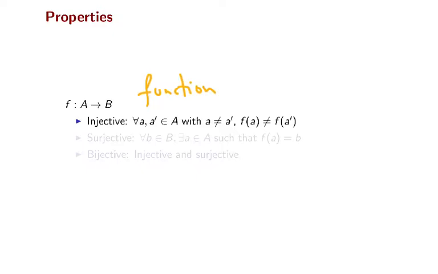So one of the possible properties is the injective property. A function is injective in case that we have two different elements in the domain, and then the images in the codomain are going to be different too.